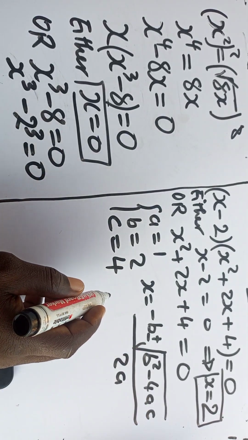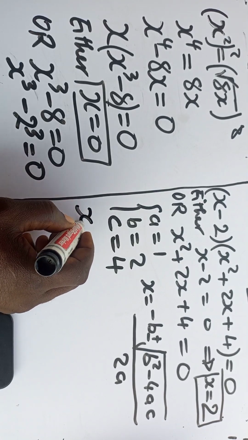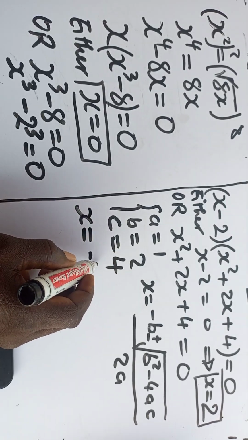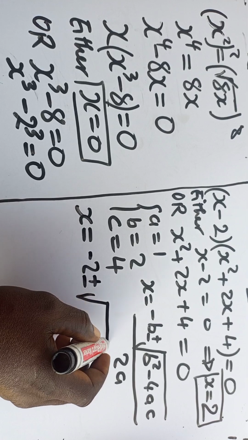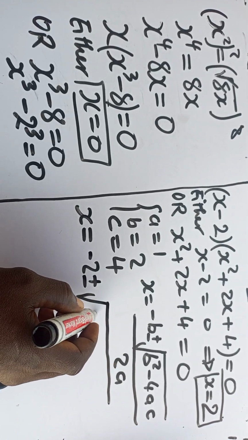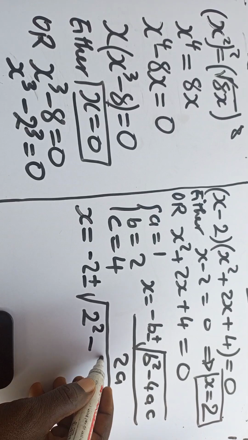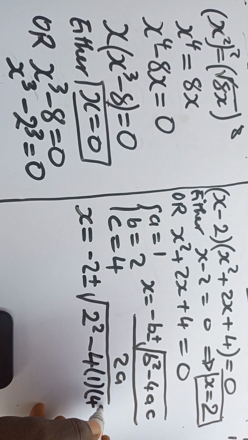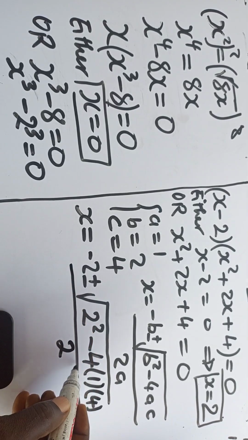Now let us put our coefficients carefully. We have x is equal to b is 2, so negative 2 plus minus the root of 2 squared minus 4 into a into c, all of this divided by 2a.